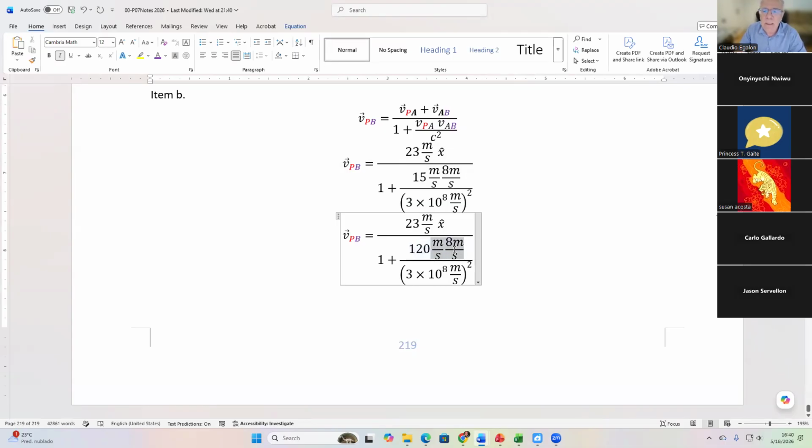Yep. This meter per second square is going to cancel out this other meter per second square right in here. And we still have to square this guy. Should be 9 times 10 to the 16.